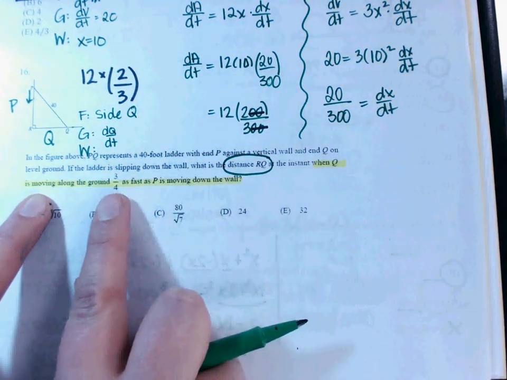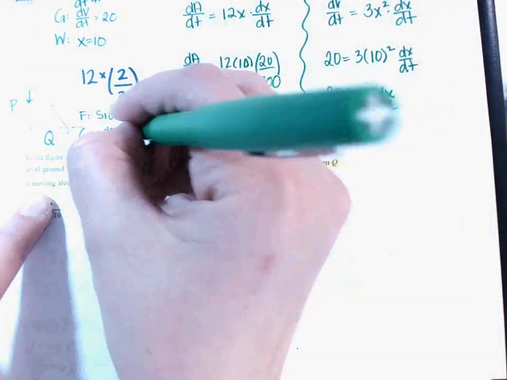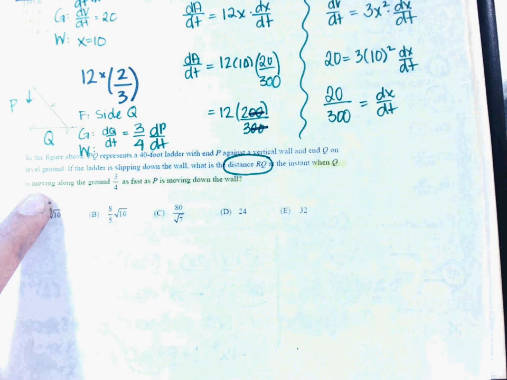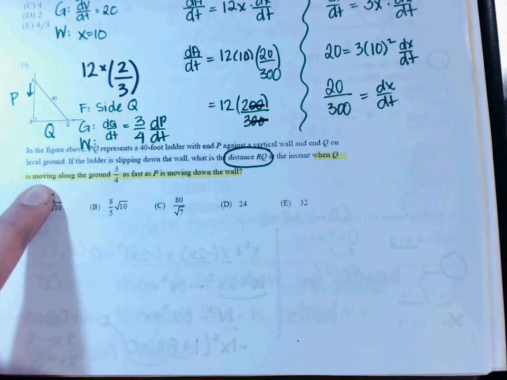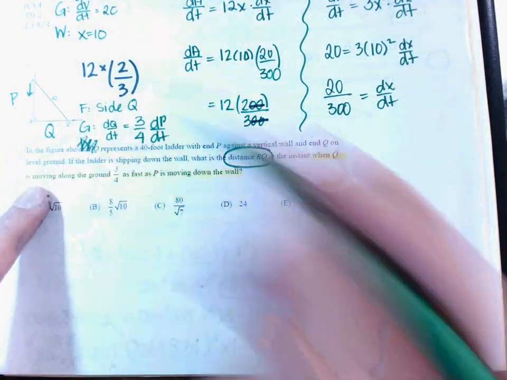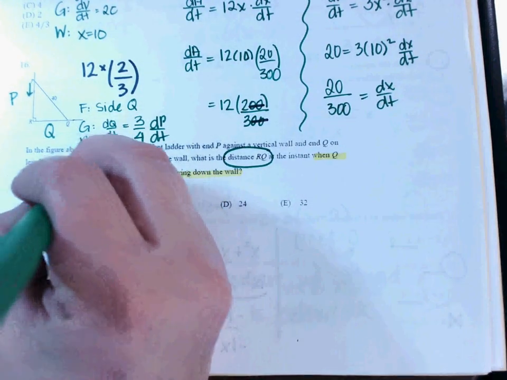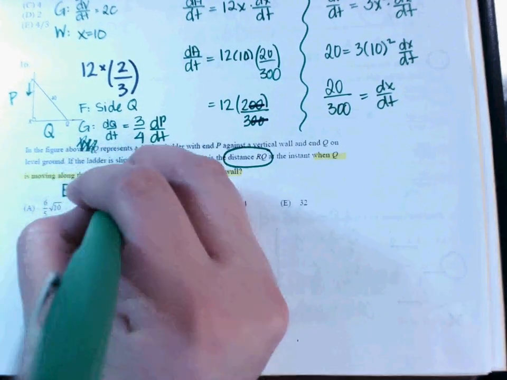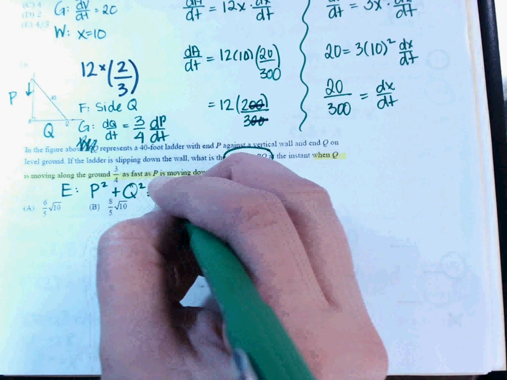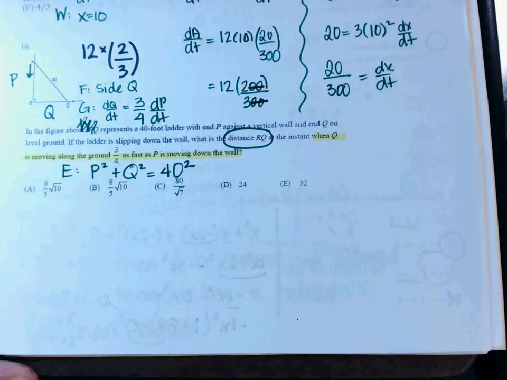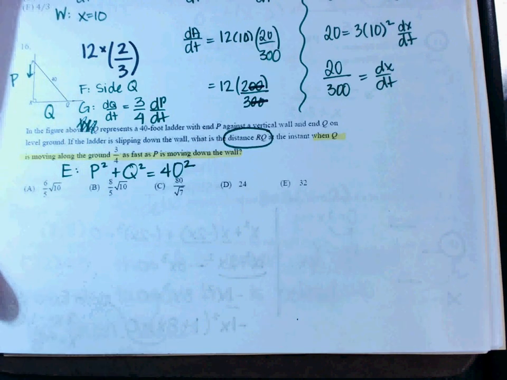It's 3/4 of dp dt. So far so good? Okay, now we're going to set up our equation. Notice they didn't give you a when, so I'm just going to scribble that out. There's no when. My equation is Pythagorean theorem. So it'd be P squared plus Q squared equals 40 squared. Take the derivative. What's the derivative of P squared?